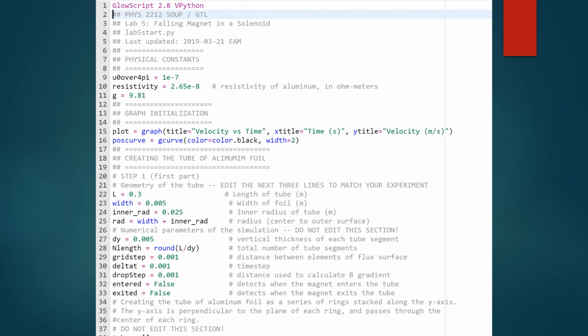And so here we have the GlowScript model, where we were looking at the tube's width and radius and how those are different, because the width is representing the actual aluminum part of the tube, whereas the radius is the inside.